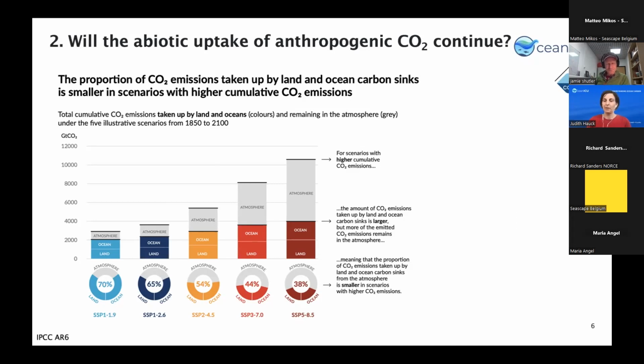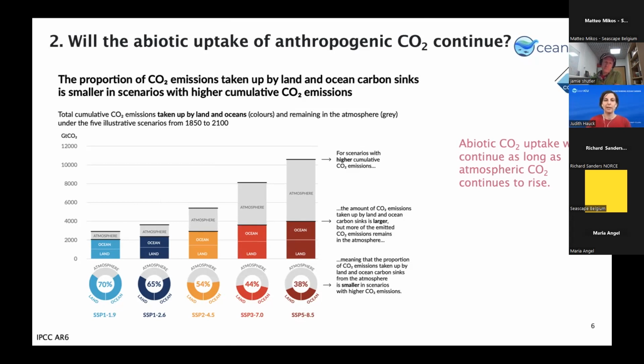Well, what this figure maybe misses out is an overshoot scenario or a very low emission scenario. So in that case, actually, the ocean may start to lose carbon at some point. But what we see here is that the ocean uptake certainly will continue into the future, and it will scale essentially with the rise of atmospheric CO2.